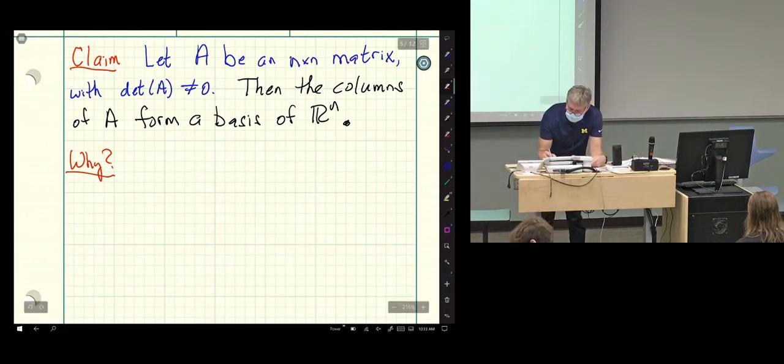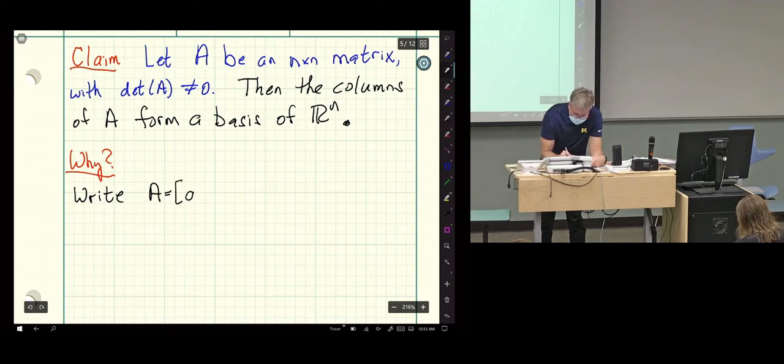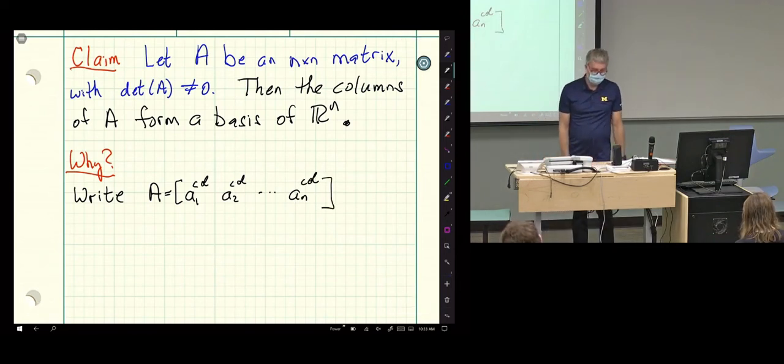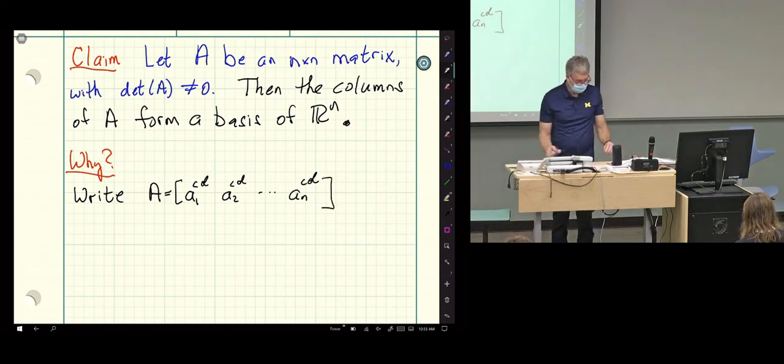So let's have some notation. A is n by n. I'm always wanting to do an n by m, but m is n.